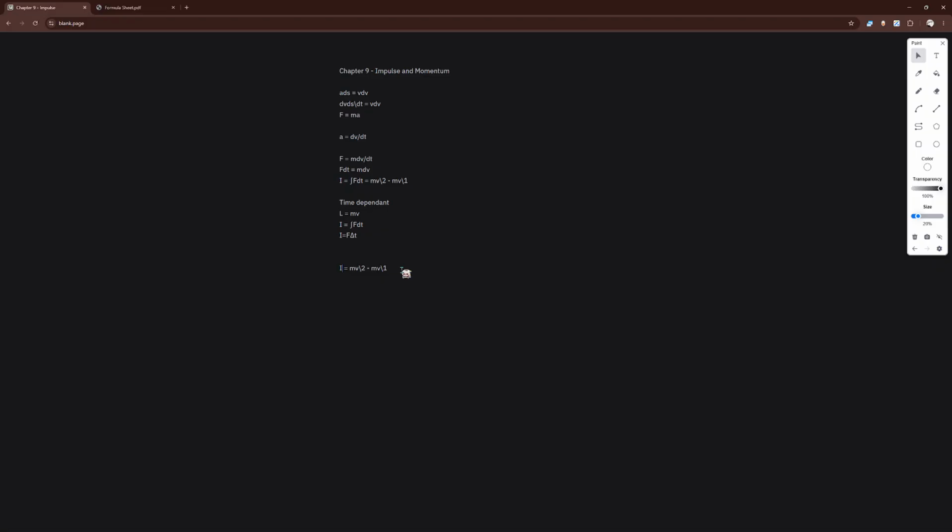So you can get mv2x minus mv1x is equal to Ix, right? And same thing if you bring in this integral, you can split your force into x, y, z. So everything here can be split into components.